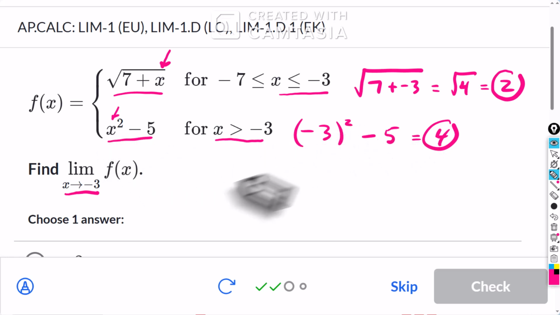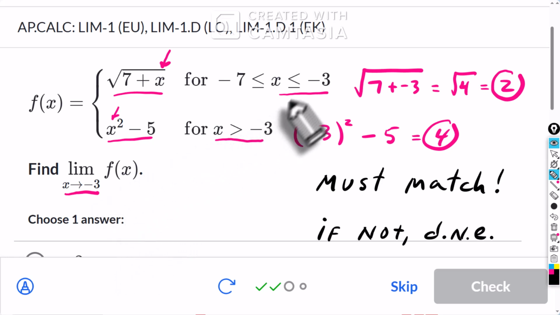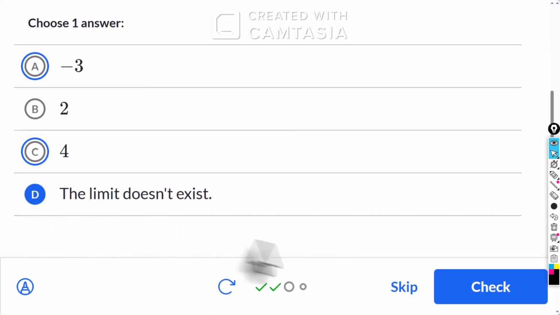So when the number for x is on the boundary and you have to plug it in both functions, the answer has to match between both functions for the limit. Okay, if not, that is going to be does not exist. So since we got 2 and 4, that does not exist. Answer D.